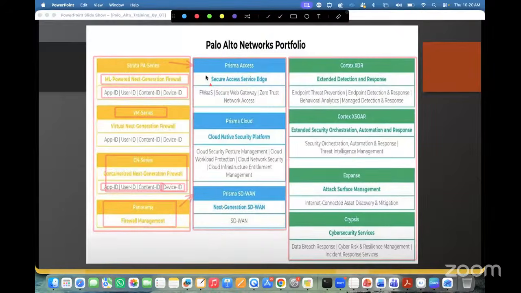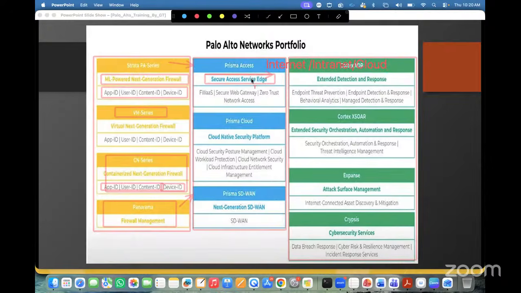What is SASE? SASE is a new way of handling customer traffic when they want to interact with the internet or intranet, anything they want to do. Let's suppose traffic wants to go to the internet, the intranet, or even the cloud. How is your SASE going to handle that traffic? SASE is basically secure access service edge.